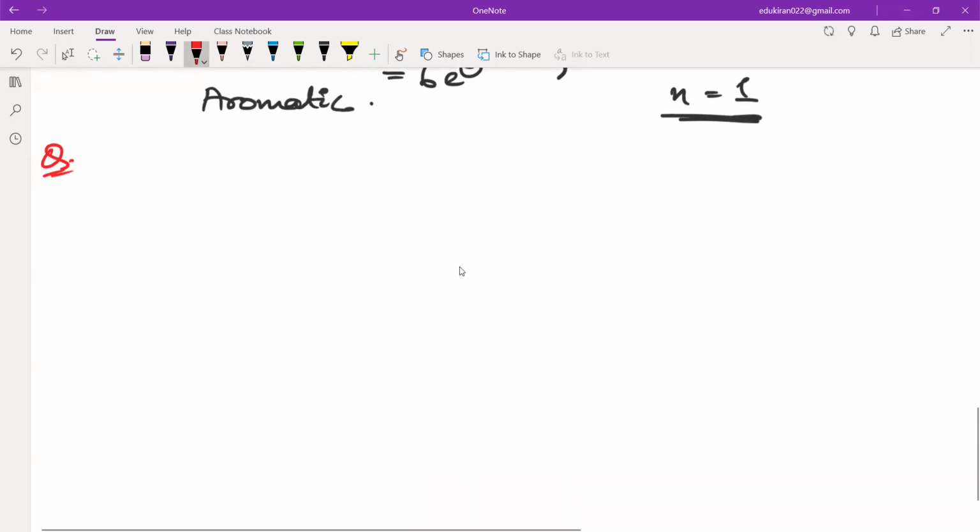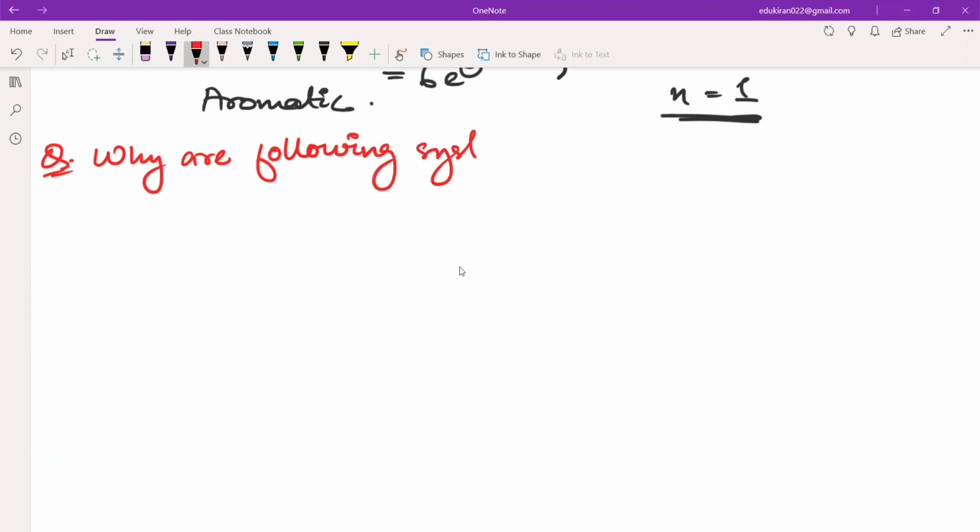Now, in these questions, we have to explain why the following systems are not aromatic. Number 1, let us look at the structure.